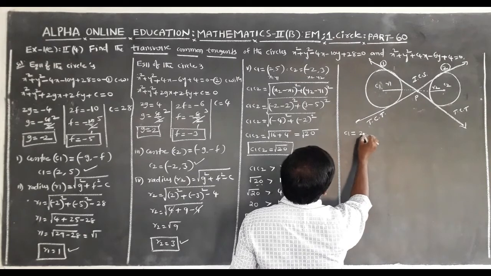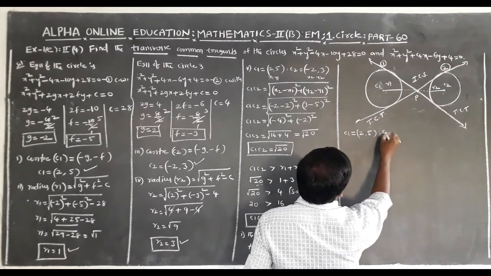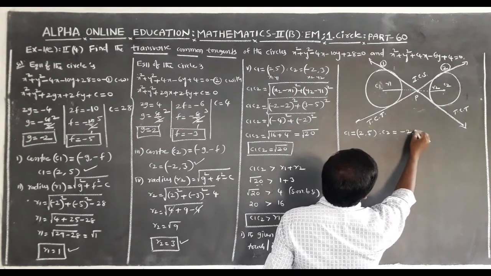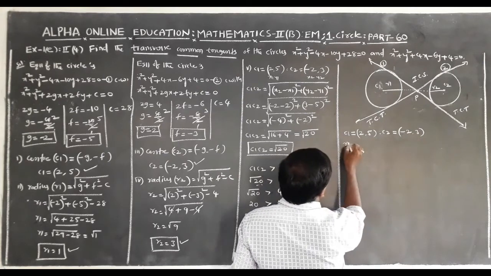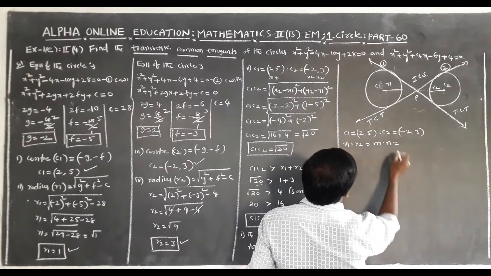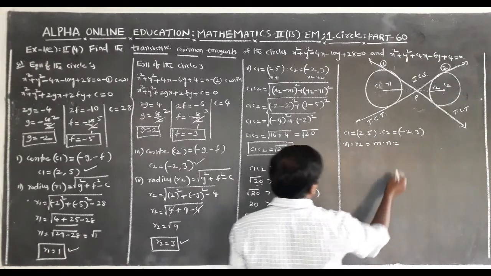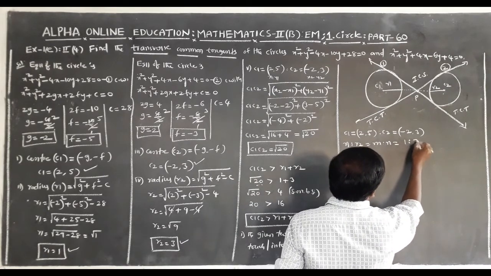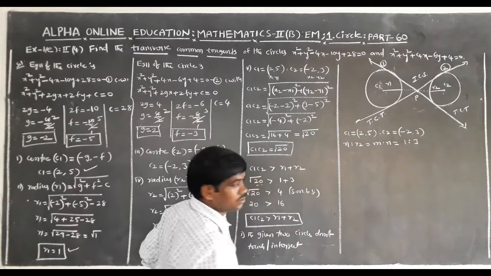C1 is (2, 5), C2 is (-2, 3). R1 to R2 is equal to m to n. R1 is equal to 1, R2 is equal to 3.